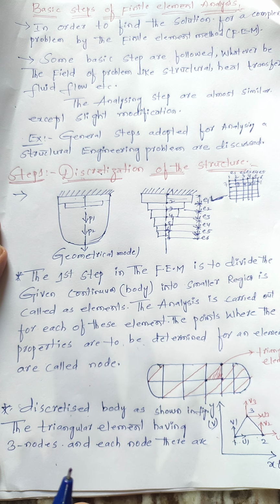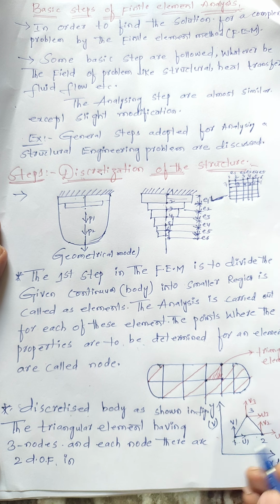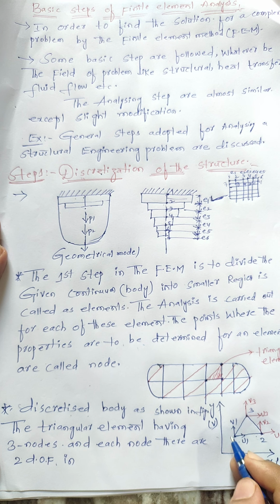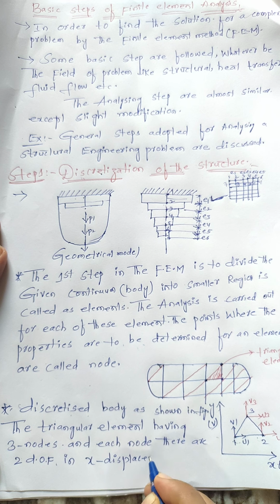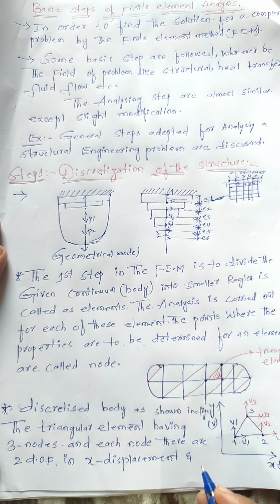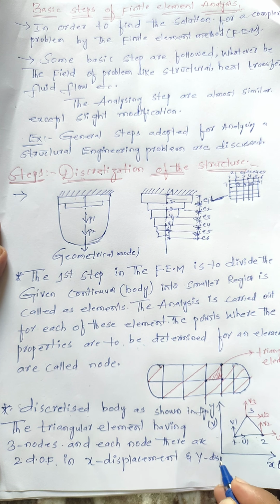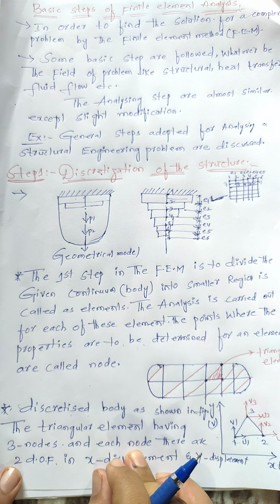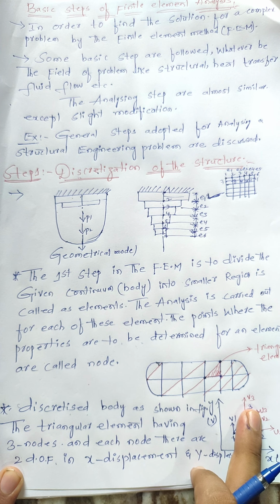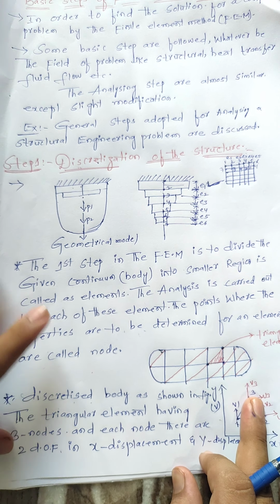Total how much? 6 degrees of freedom. At each node there are 2 degrees of freedom, in the x displacement as well as the y displacement. So this triangle element shows a total of 6 degrees of freedom.